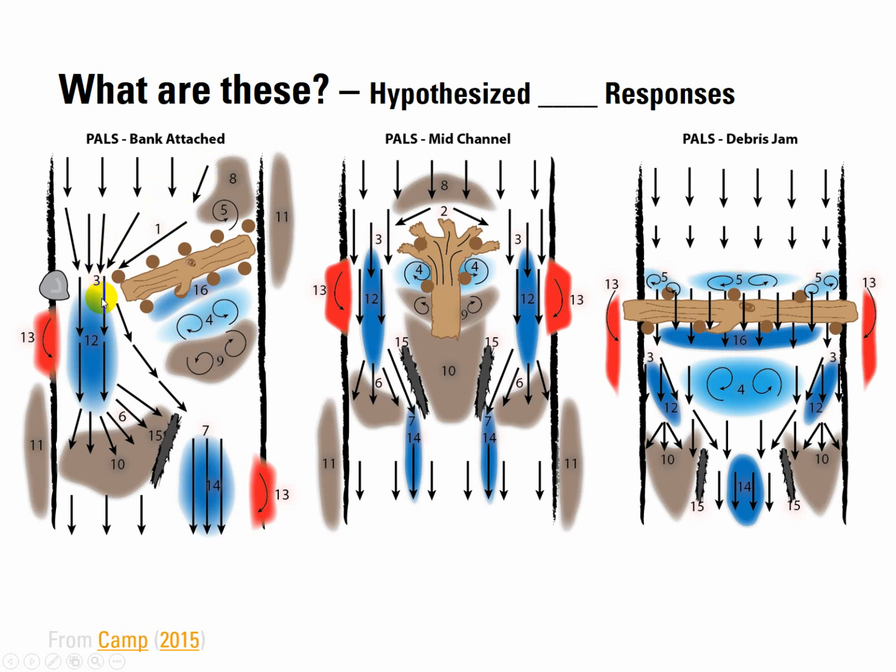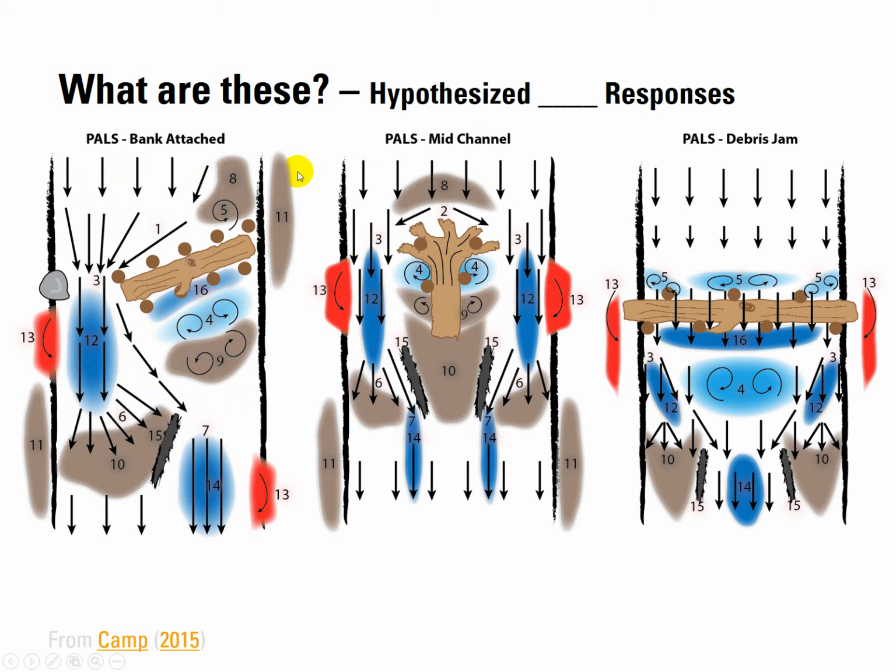That jet, kind of like your thumb on a garden hose, will be maintained, depending on the flow rate, for some distance, and then it loses its energy and starts to spread out. This would be where your flow separation point is. This would be your seam. At high flows, you might have a pour over the top of the structure. You might also get a little eddy up here. And so those are your hydraulic responses.